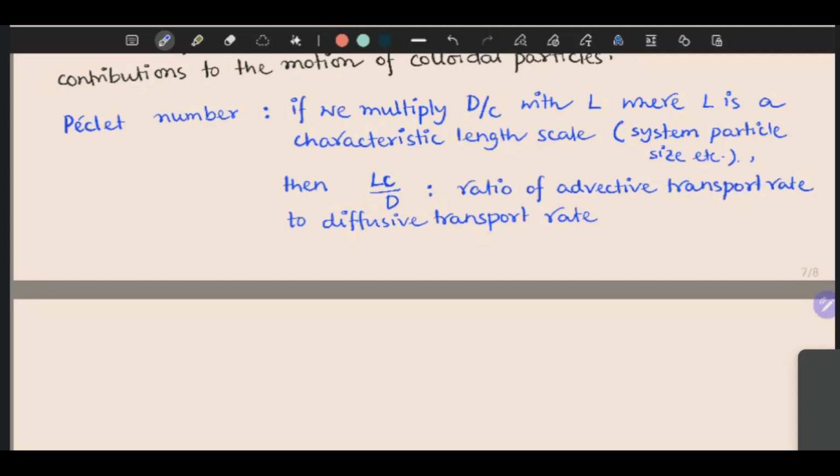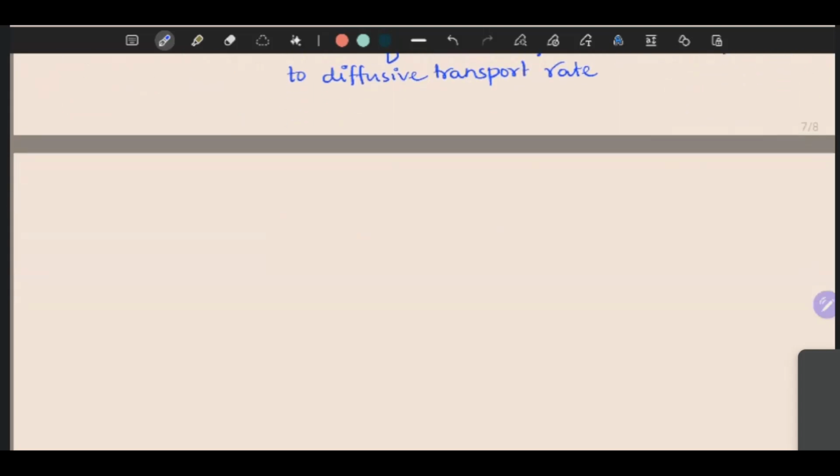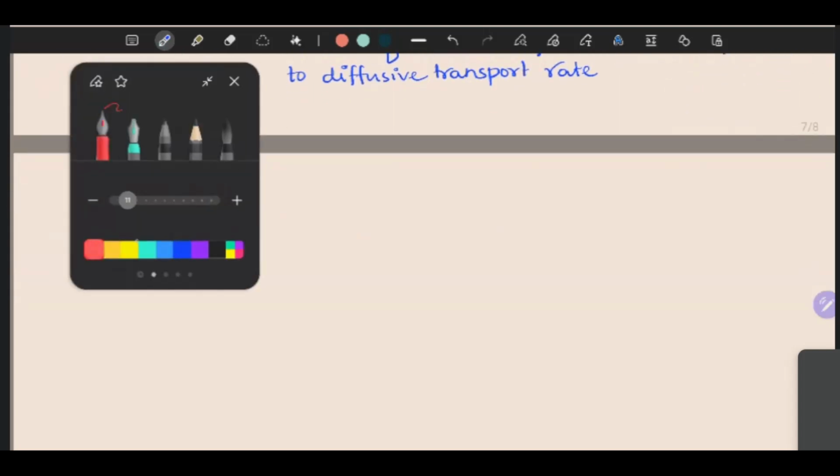Now let's consider a random walk with a sojourn probability at each site.